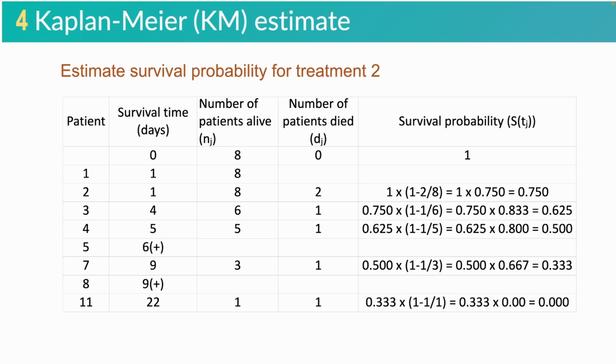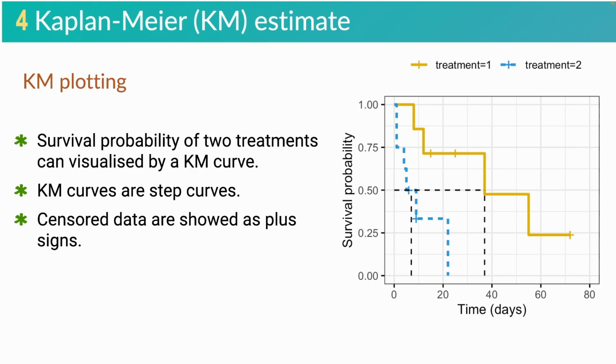Similar to treatment 1, you can calculate survival probability at the time point where the event occurs for treatment 2, and these are the results of the calculation for treatment 2. After the survival probabilities of the 2 treatments were calculated, they can be visualized by using a KM curve.